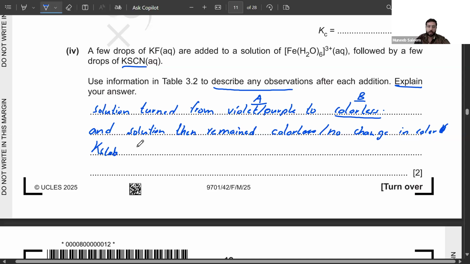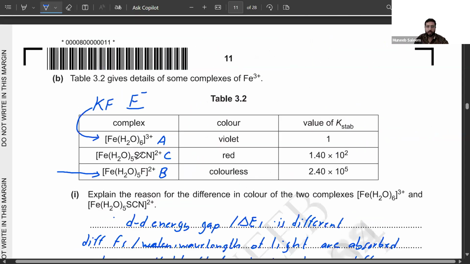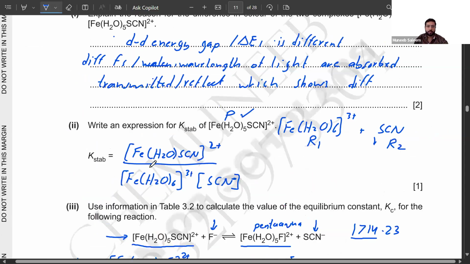You need to write the proper name of the complex, because the K step of, now we know the highest value is here, which goes to the 5 water ligands and one fluoride.